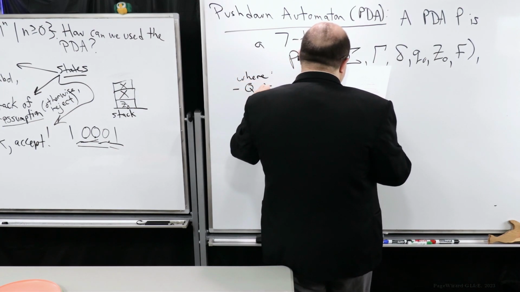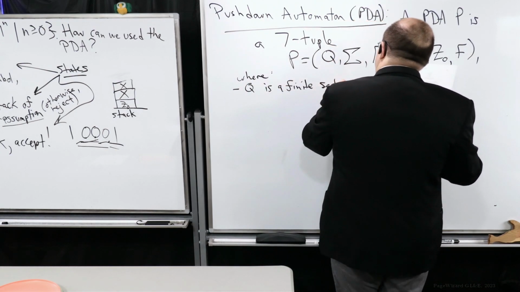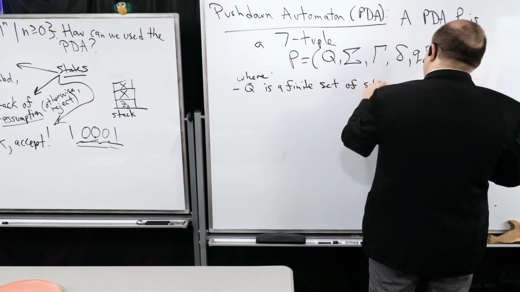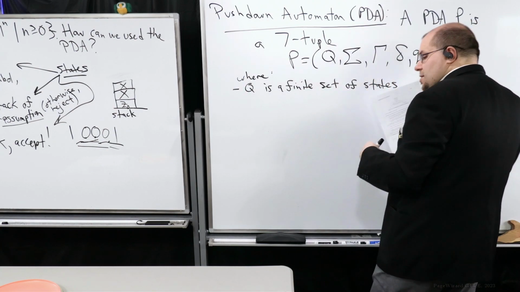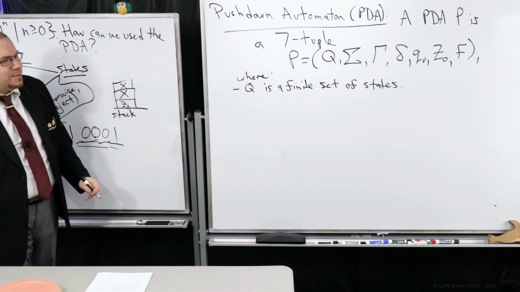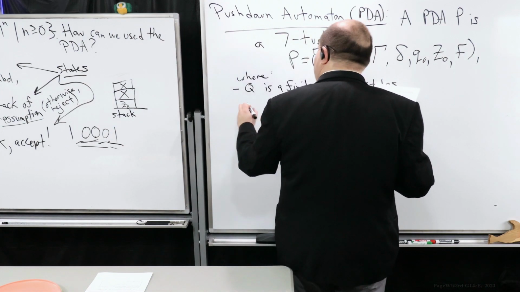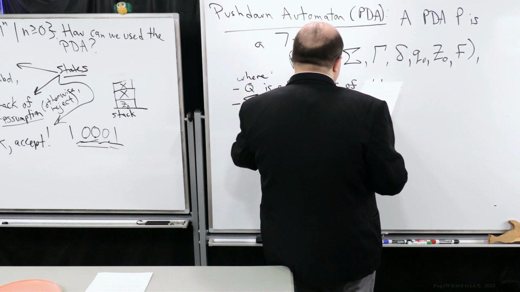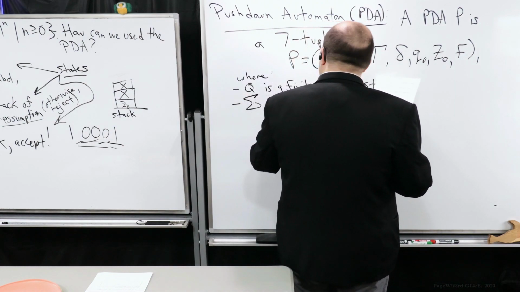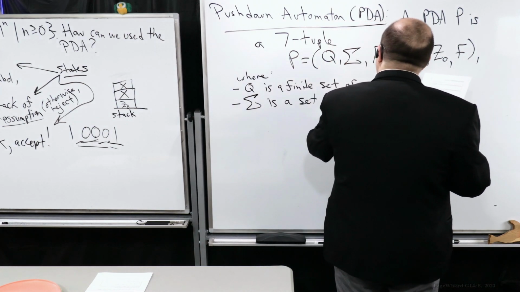So Q is a finite set of states, right? We have a set of states. What else do we got? Well, what do you think sigma is? What's sigma? Well, it's going to be our input symbols, right? Is a set of input symbols.